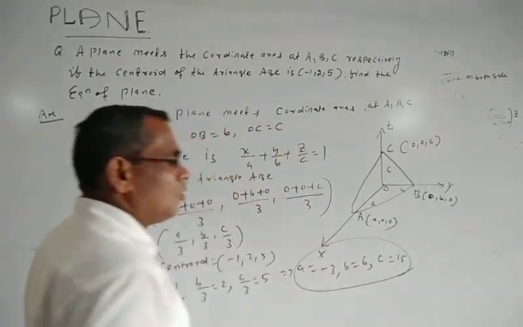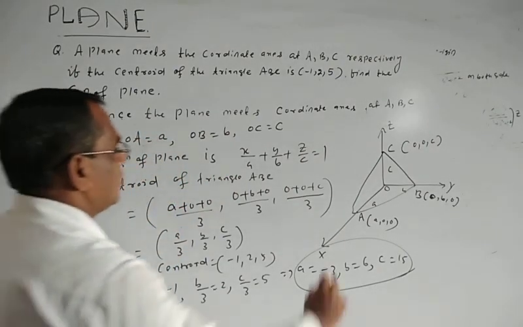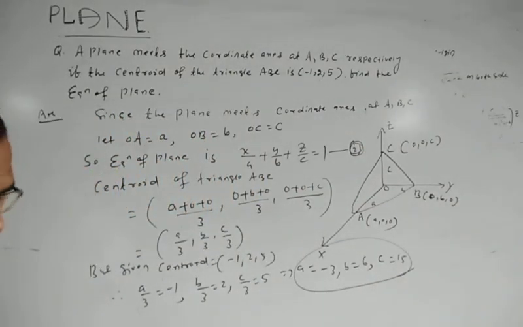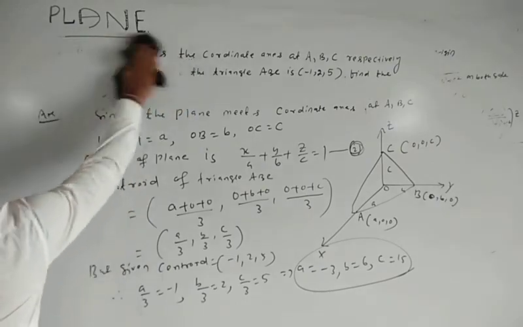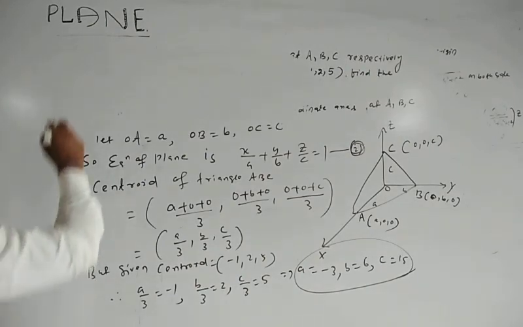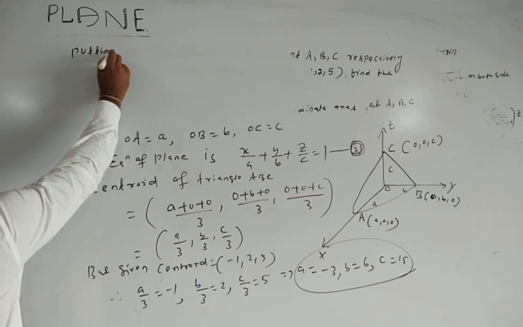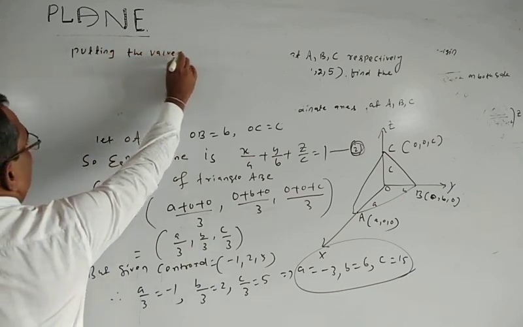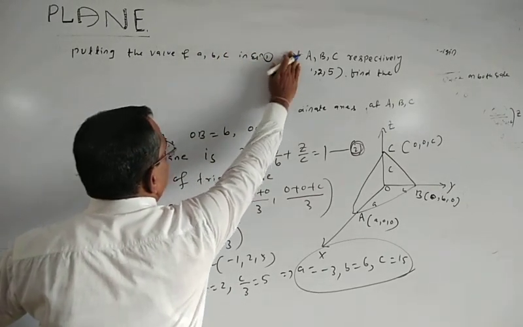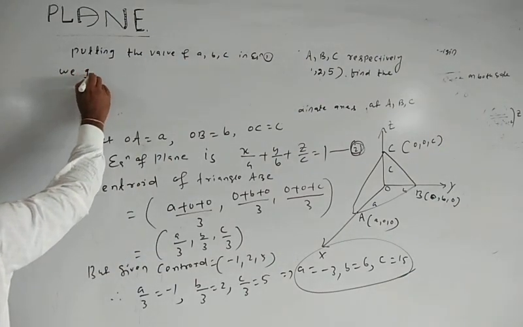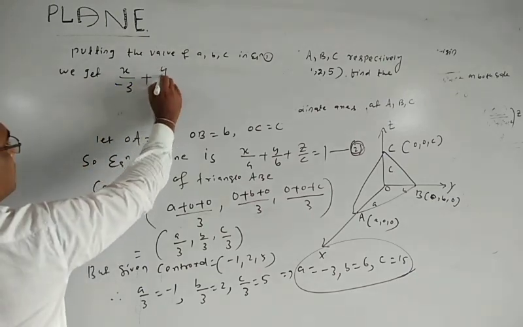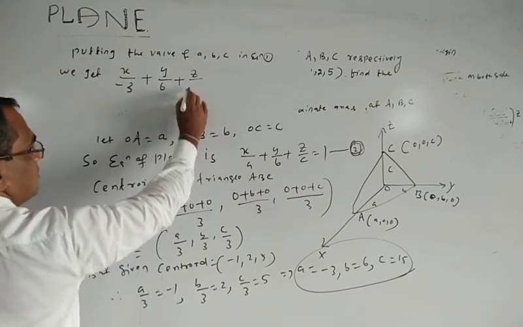So putting the values of a, b, c in the given equation of the plane, let it be equation 1, we get x by minus 3 plus y by 6 plus z by 15 is equal to 1.